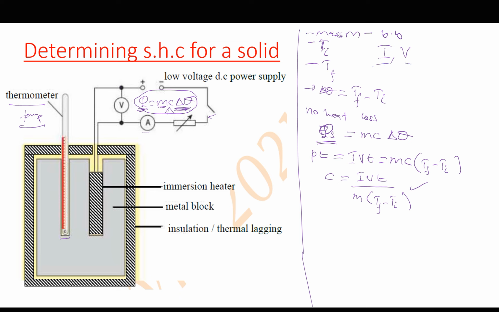These will help us tell the power of the heater. After a certain time, which is noted as t, you can tell the energy supplied, which is power times time. So note the final temperature T final from the thermometer and obtain the specific heat capacity from that expression.